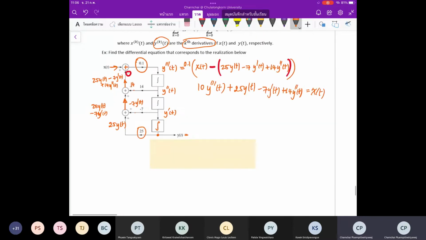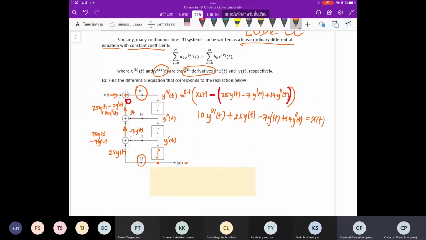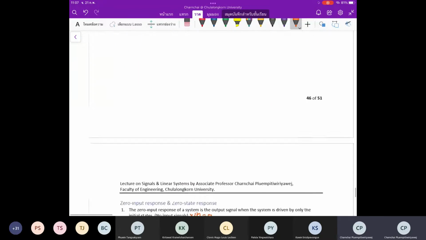Remember, if you have a third order differential equation, you need to know the initial conditions. For example, y(0) equal to y naught, y prime at 0 probably y1, and y double prime at 0 probably y2. You need three initial conditions for a third order differential equation.